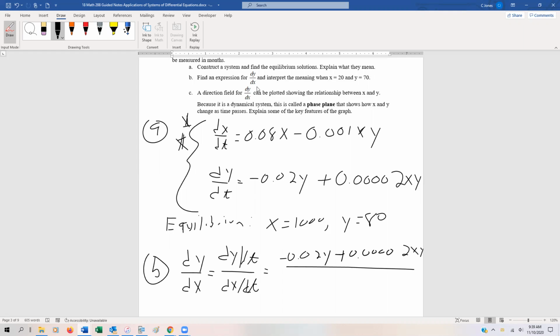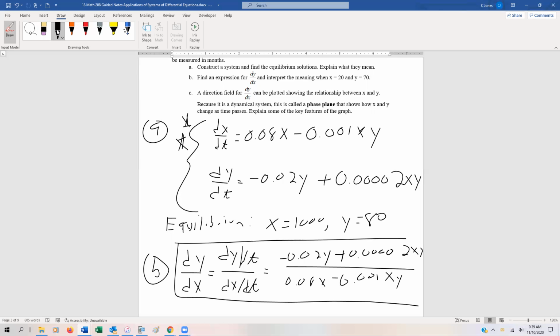And in our denominator, dx/dt is 0.08x minus 0.001xy. All right, so that's our expression, really easy.